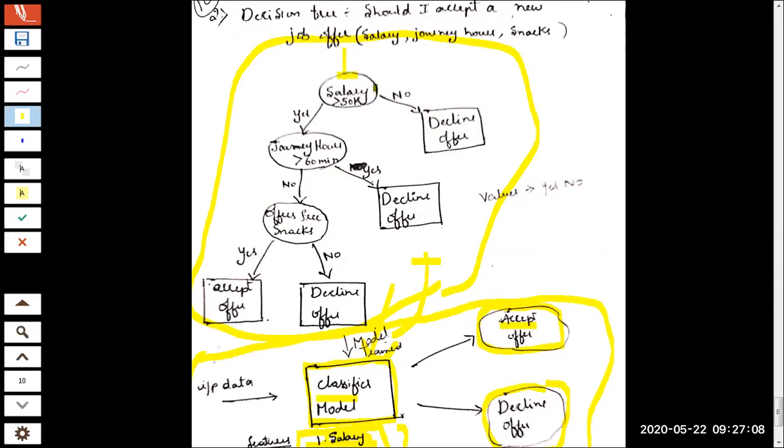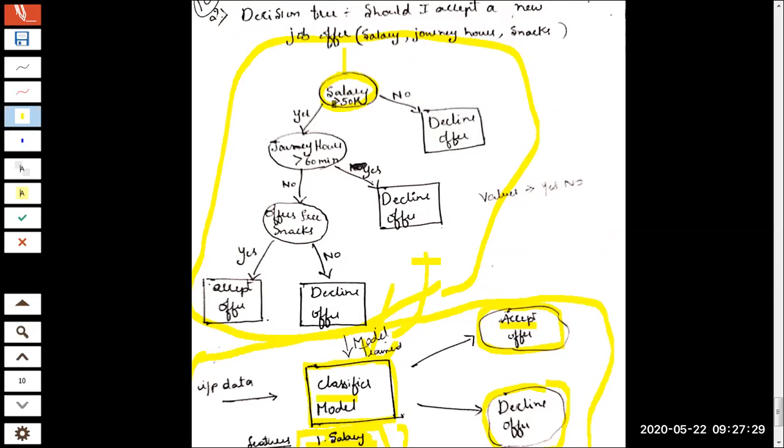So salary has become the root node. You can see the point of decision is salary greater than 50K. Okay, so this was the first attribute, attribute number one, salary. Now, what value is there inside that attribute? That will decide the branch to which you will be taking the flow.